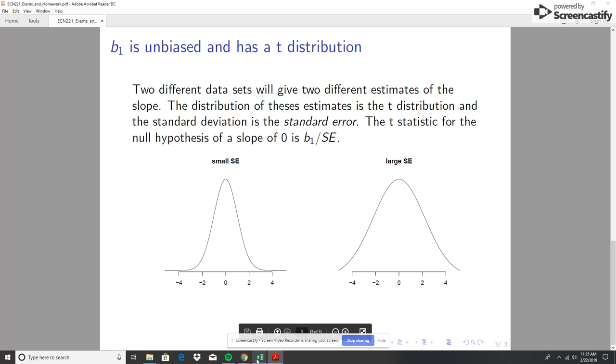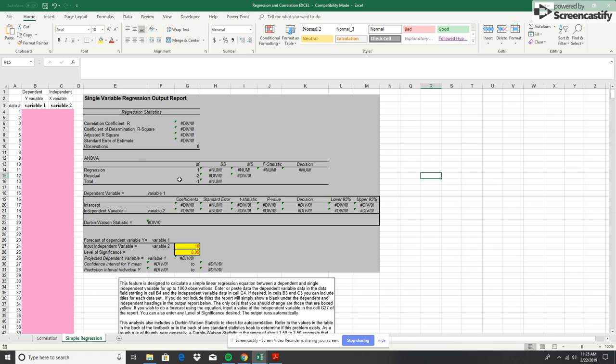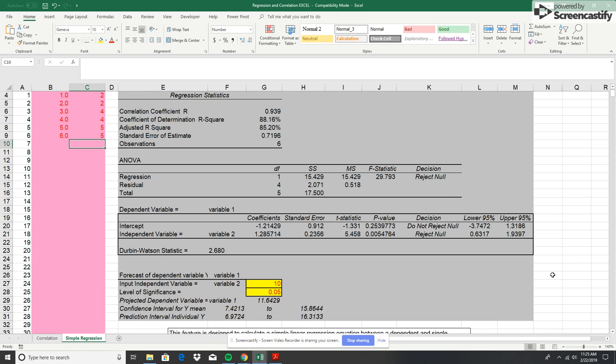How does that look in the template that you've seen? Well, coming to this template, we've got some data, 1, 2, 3, 4, 5, 6, and then I can come over here and just plug in some numbers, 2, 2, 4, 4, 5, 5. On this screen that you're seeing, it gives an F statistic right here, and it also gives a T statistic here.